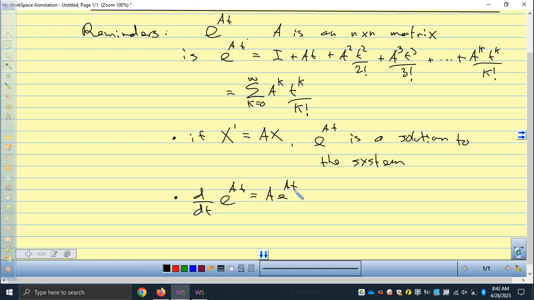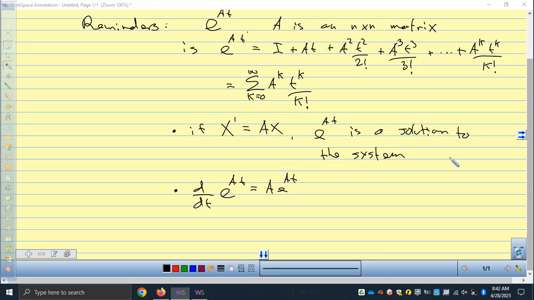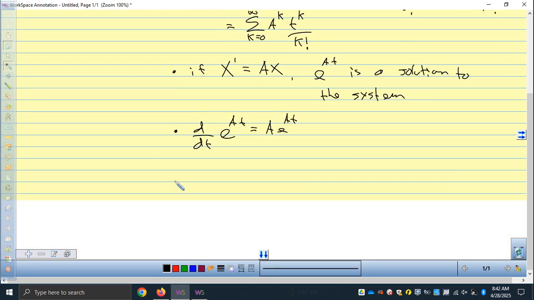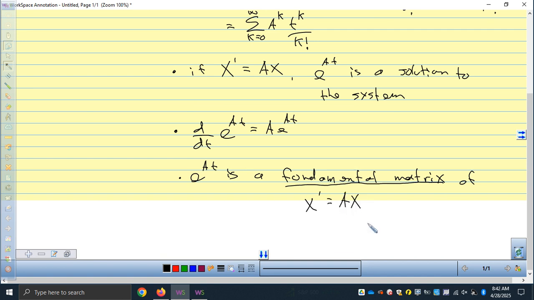It behaves just like we expect, and we can figure that out by doing term by term differentiation of our definition. And finally, e to the At is a fundamental matrix of x prime equals Ax.